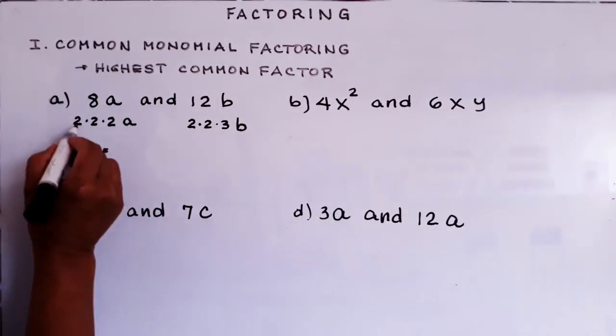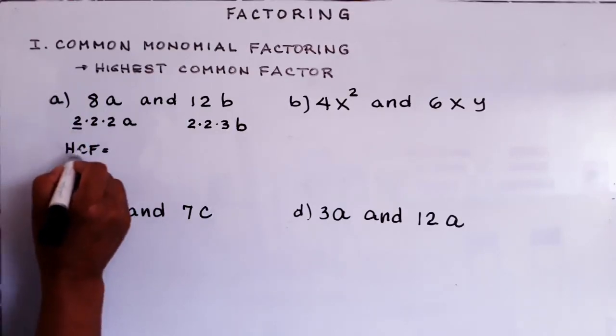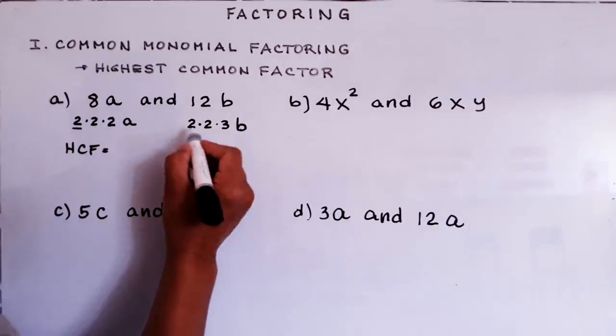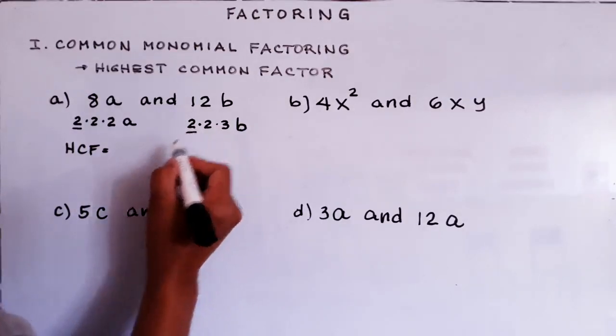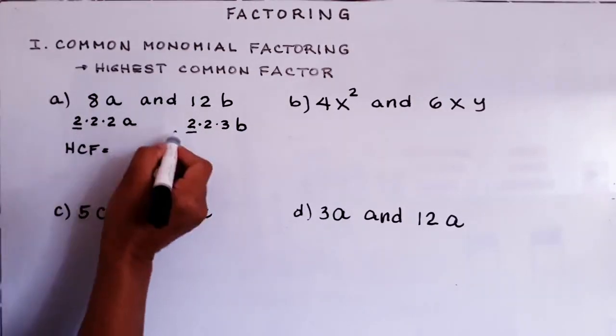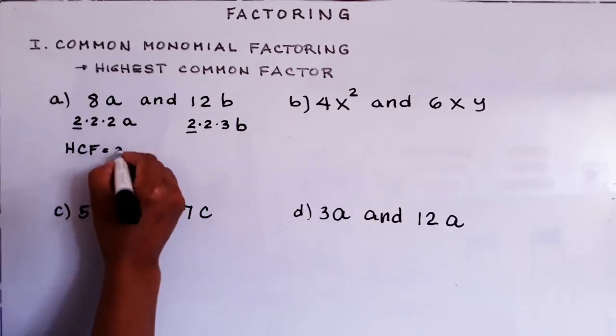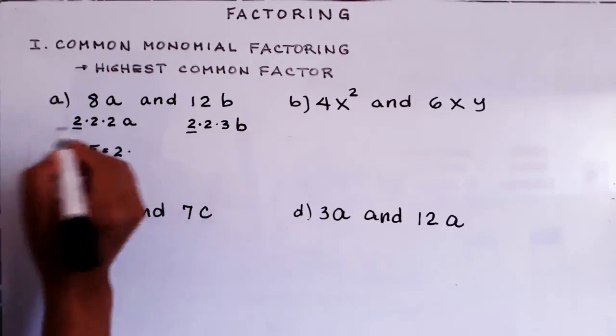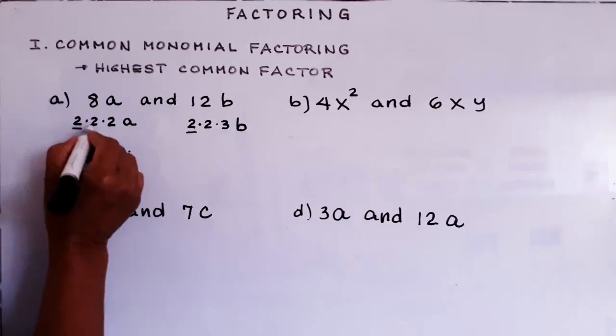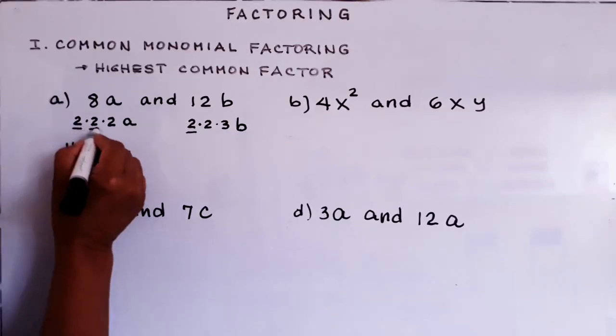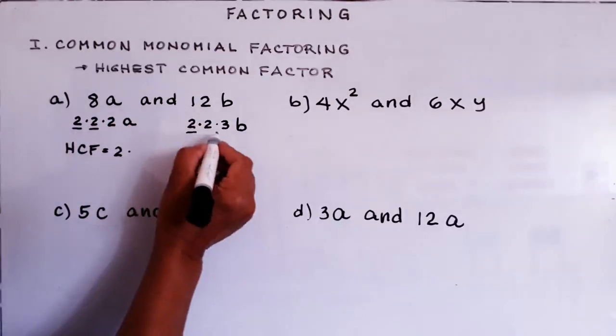Okay, let's have the 2. We have the 2 in 8 here. Do you have a 2 on the other side? Yes, we have. So they are both common, the 2. So we write the 2 here. Times, we have another 2 here. Do we have another 2 on the other side?